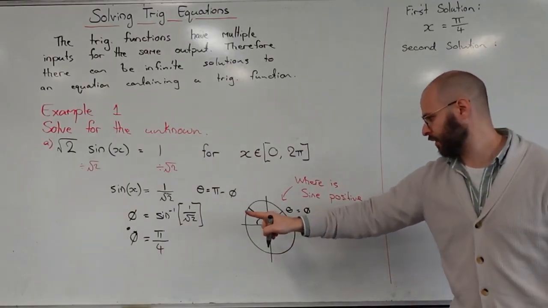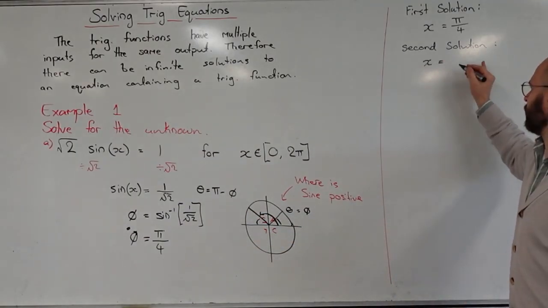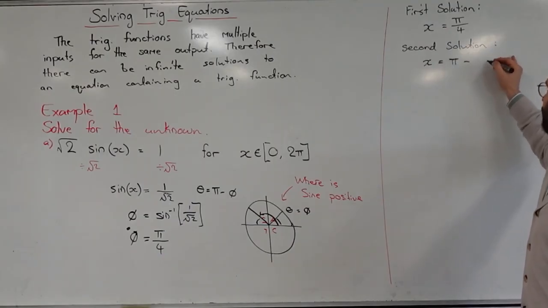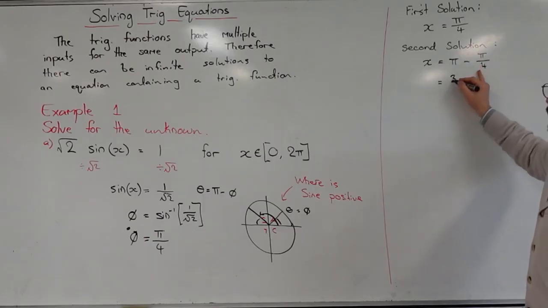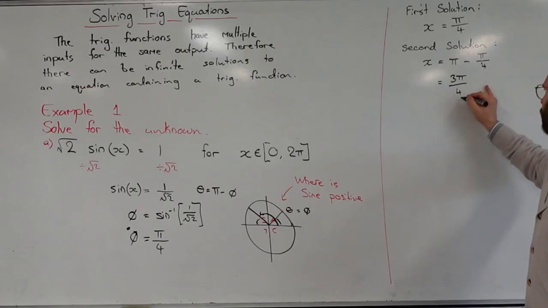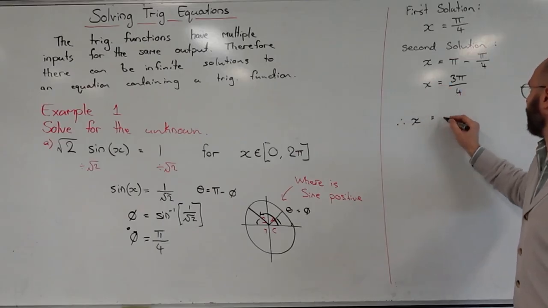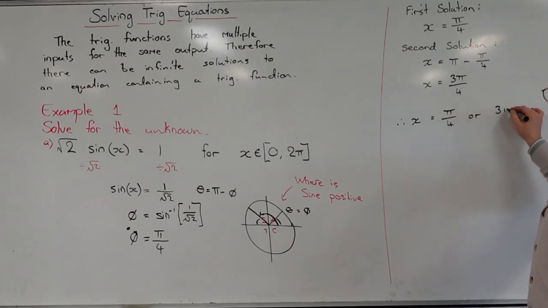We're in the second quadrant. So our x is going to be our pi, take away our phi, which is pi on 4. That's going to give us 3 pi over 4. Therefore, x is going to be pi on 4, or it's going to be 3 pi over 4.